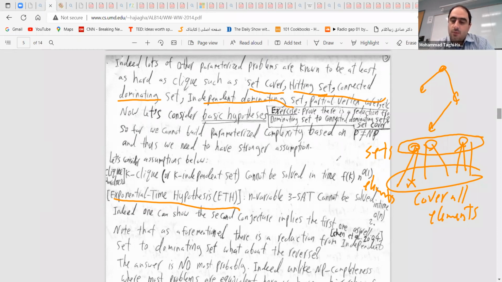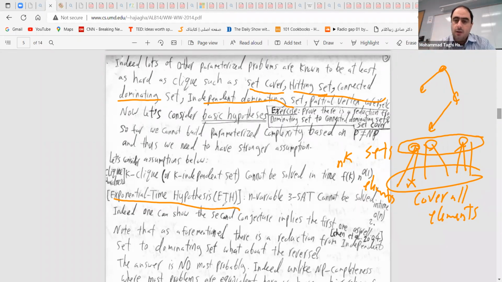Essentially, the best thing that we hope for is something like n to the k for the problem. And you can show that if you assume the ETH, that also gives the k-clique bound. Hopefully, if we have time, we will go through that as well.